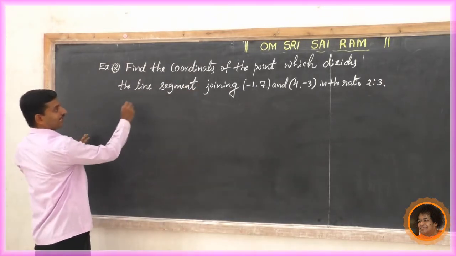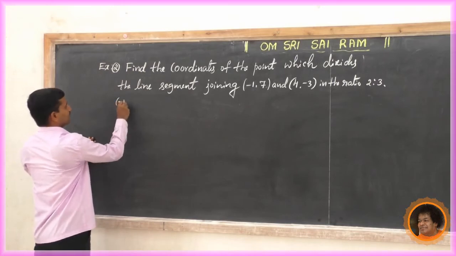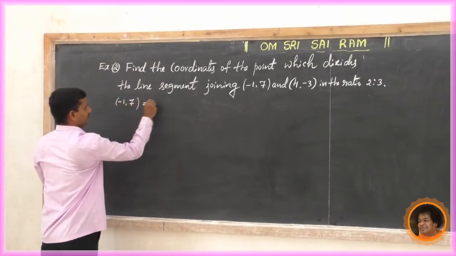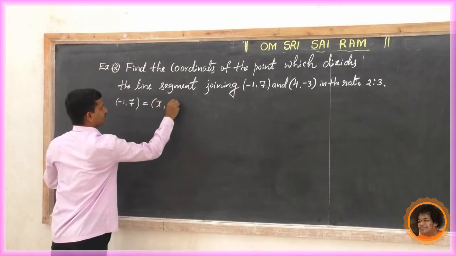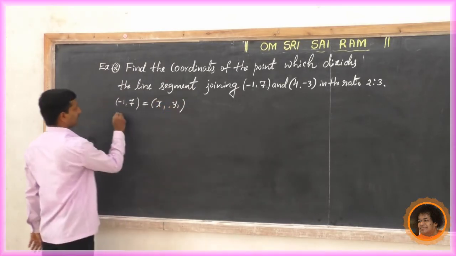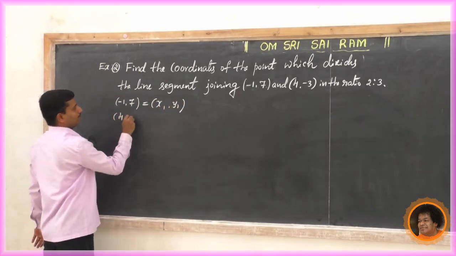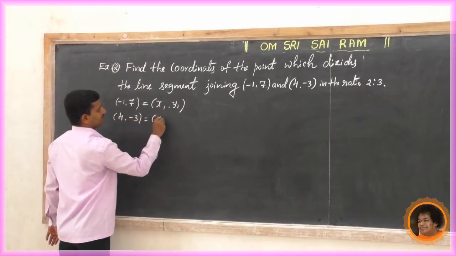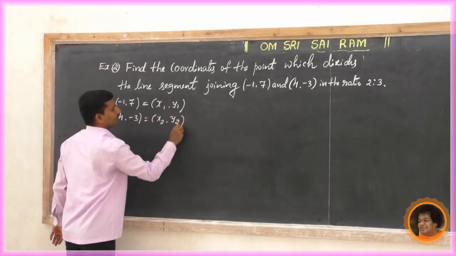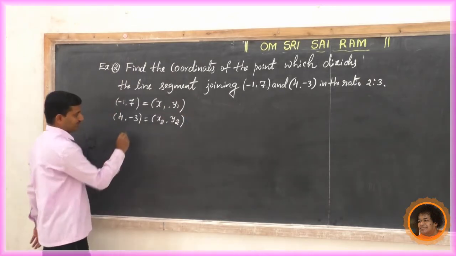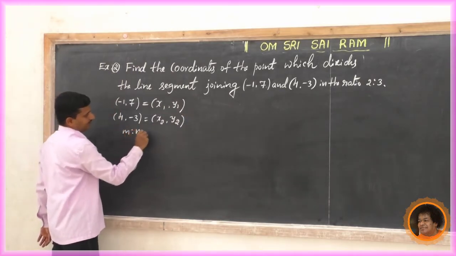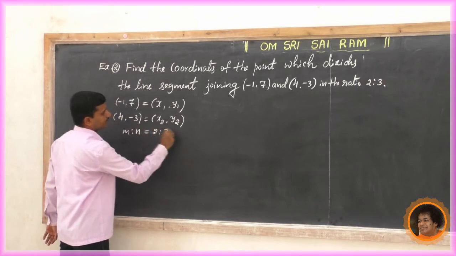Now the first coordinate -1, 7. Let us consider the first coordinate (x1, y1), and the second coordinate 4, -3, that is (x2, y2), and in the ratio 2:3, that is m is to n. M is to n equal to 2:3.